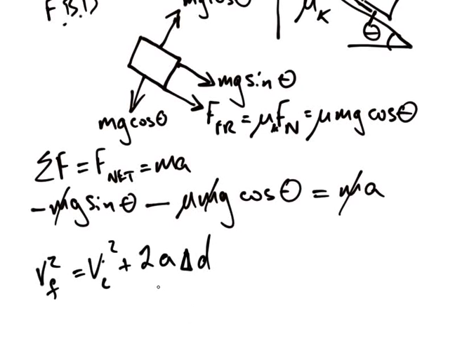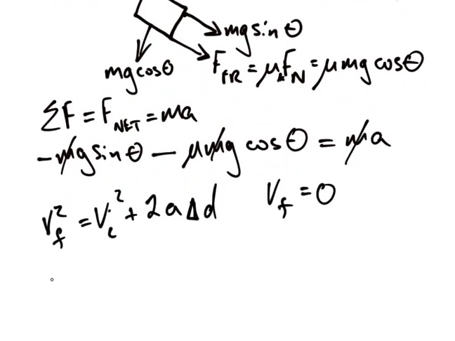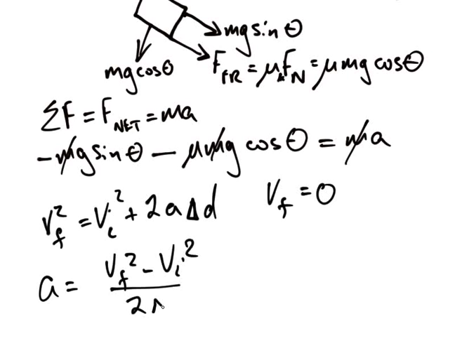Those are actually kinematics issues. And to solve a kinematics problem, we need to use a kinematics equation. And that equation is vf squared is equal to vi squared plus 2a delta d. Now, when this mass goes up the hill, our vf is going to be 0 at the top of the hill.